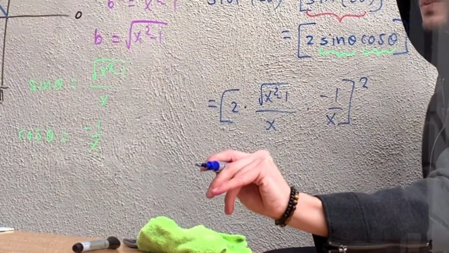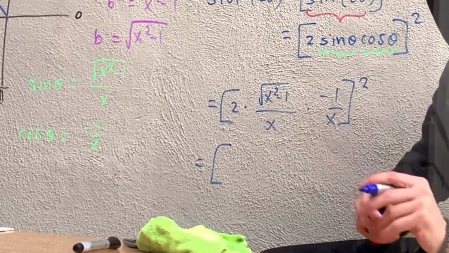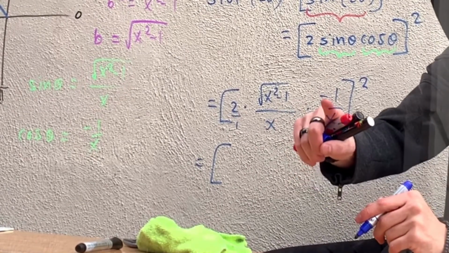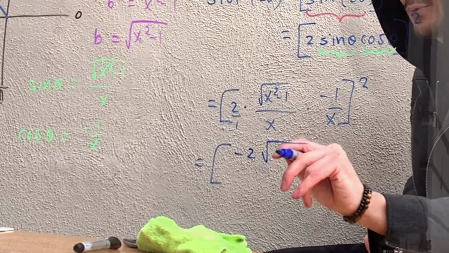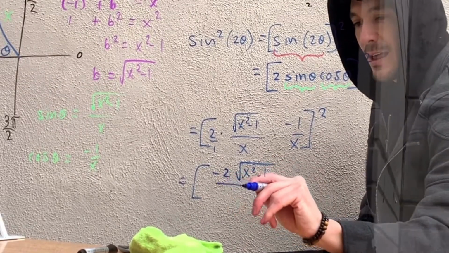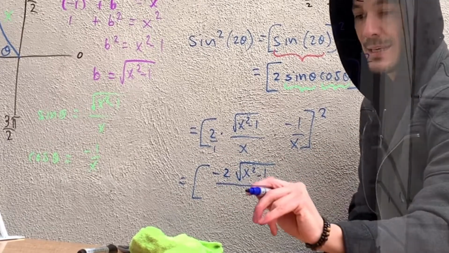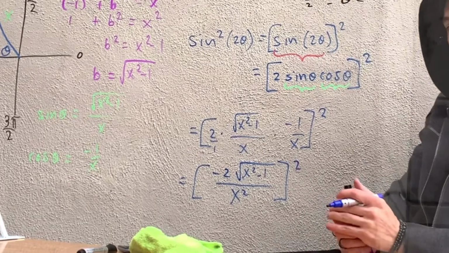Now why don't we clean up the stuff in the brackets first? Let's see. In the numerators, 2 is over 1, right? In the numerators, I have a negative 2 square root x squared minus 1. And the denominators, 1 times x is x squared. All of that bracketed squared.